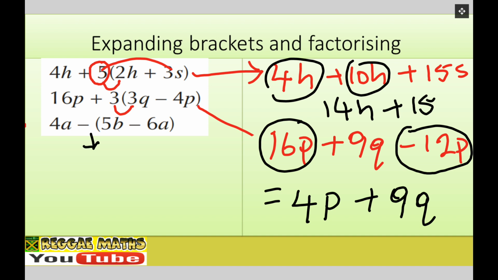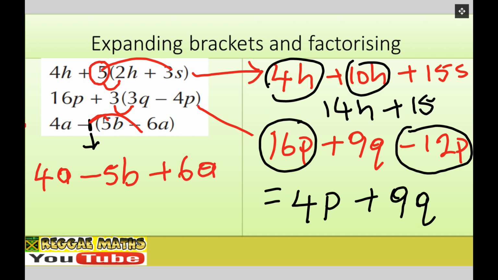And this one I do here. There is no number or letter after the minus, so this can be written as minus 1. Remember, when there's no number, it can be written as minus 1. Now we bring the 4a down because that has nothing to do with the bracket. So minus 1 times 5 is minus 5b. Minus 1 times minus 6 gives you a plus 6a.